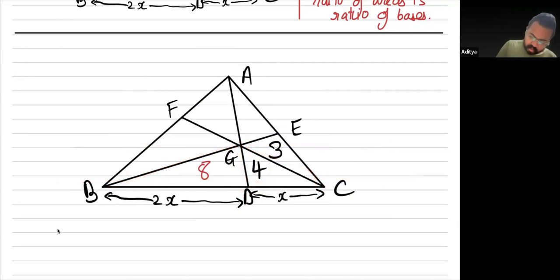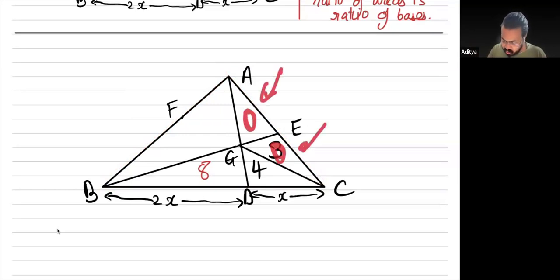Now, unlike most questions, I will be doing a deconstruction. I'll be removing these lengths F and G so that it becomes clearer to visualize what is happening over here. You can notice in this triangle over here, again, there are lots of ways to do the same thing. The ratio of these two triangles is the ratio of the base lengths, correct?